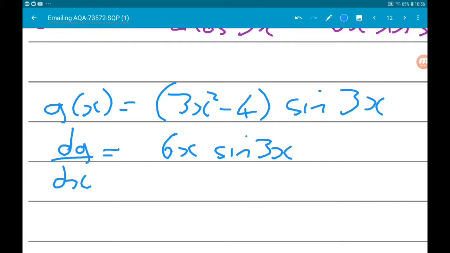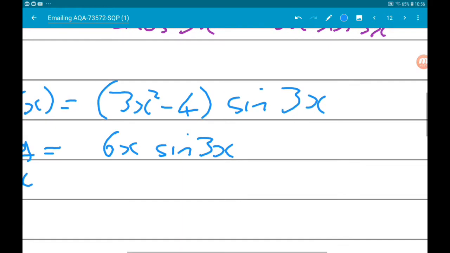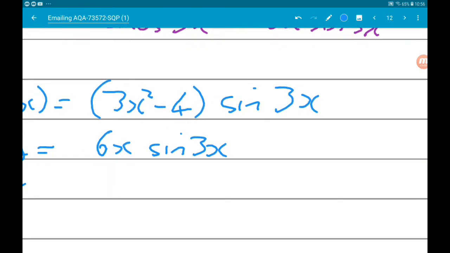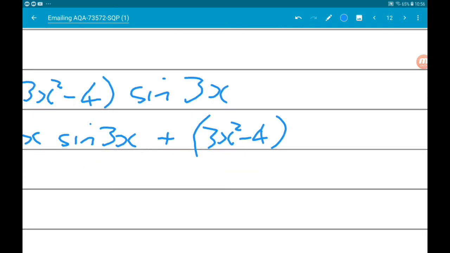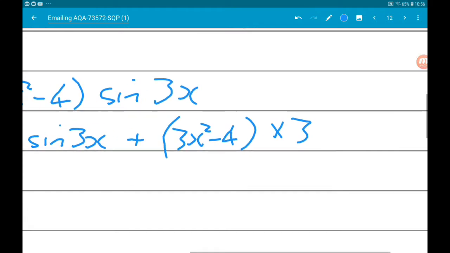So that's nice, that's already going to cancel with something up above. And then we do the bracket times the derivative of sine of 3x. So again, the derivative of 3x is 3. The derivative of sine of x is cos of x. So this is multiplying 3 cos of 3x.